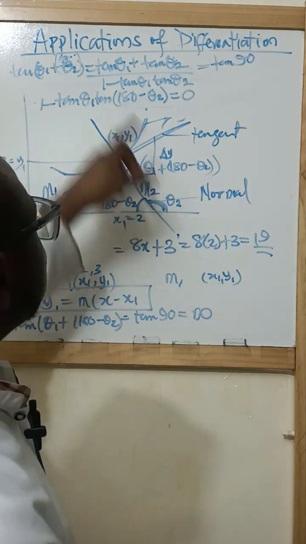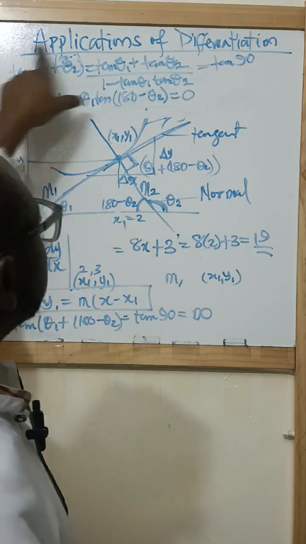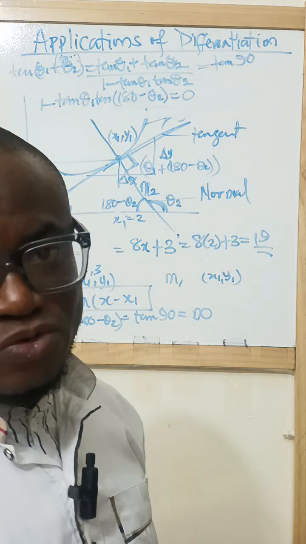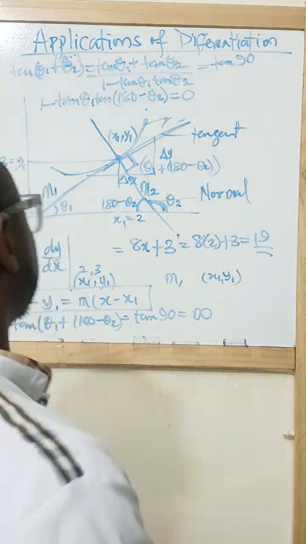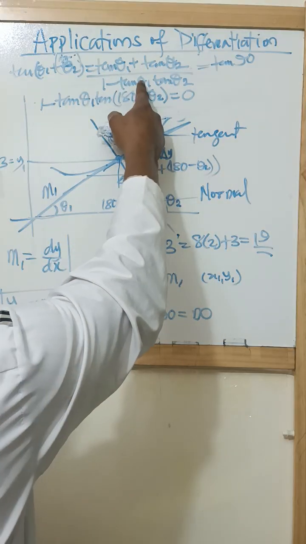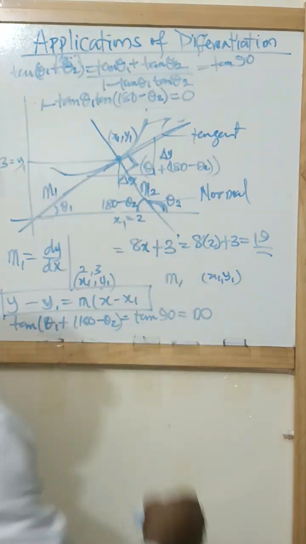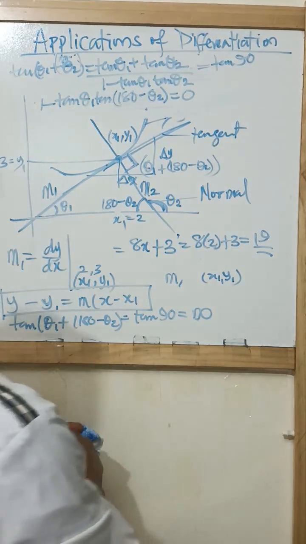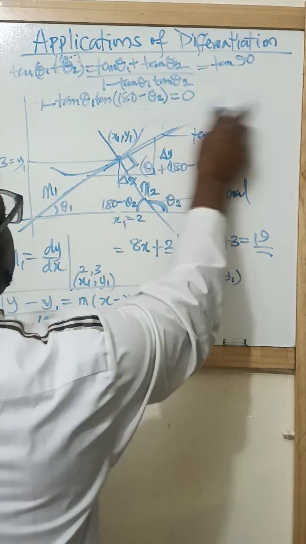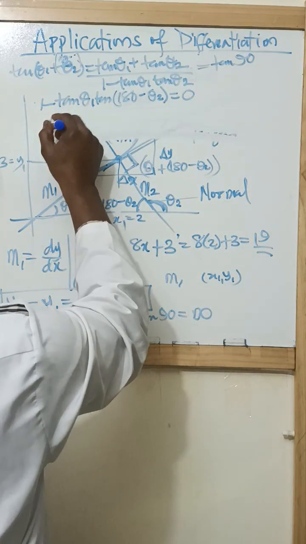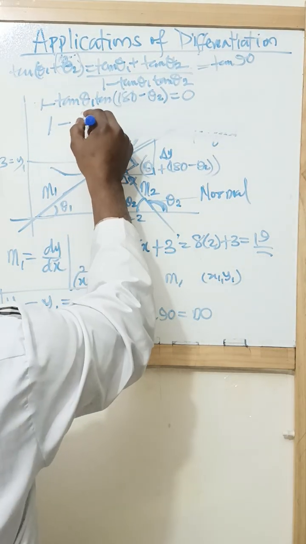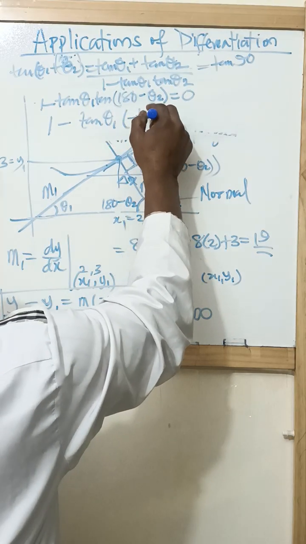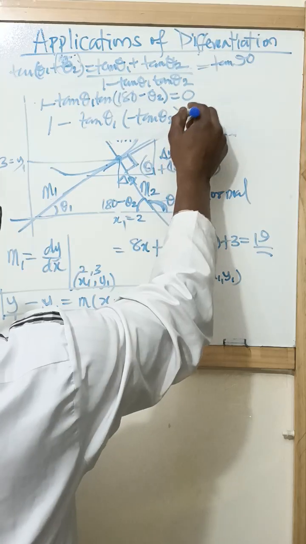And we can verify that by using this formula to slot in 180 and theta, because tan 180 is 0, right? So if you put 0 here, put 0 here, you'll have minus tan theta 2 as your final answer, right? Okay, so this is now going to be 1 minus tan theta 1 times minus tan theta 2 equals 0.